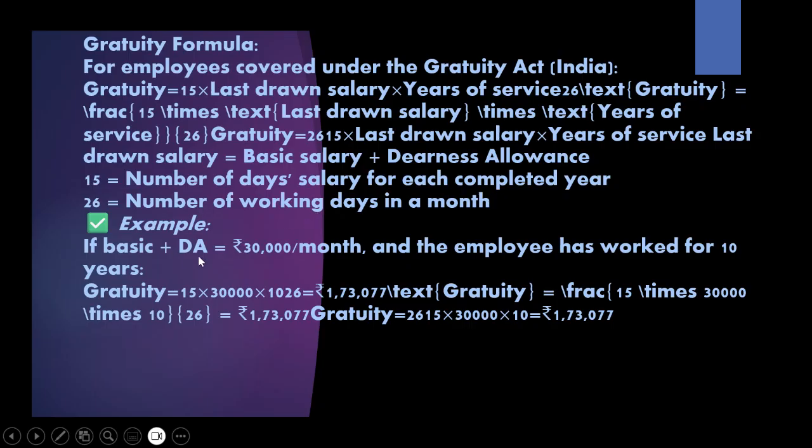So if basic plus DA is equal to 13,000 per month, and the employee has worked for 10 years, then 15 into 13,000 into 10 by 26. 10 by 26 is what?